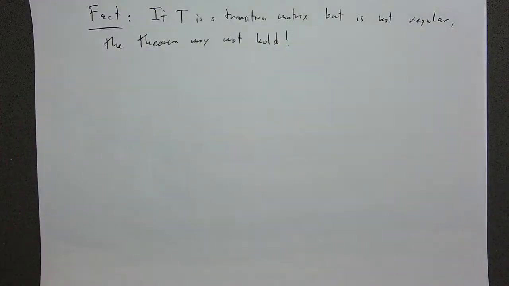Remember, the theorem states that T has 1 as an eigenvalue. There's no reason why a random matrix is going to have 1 as an eigenvalue. But you might say, well, T is not exactly a random matrix. It's a transition matrix, so it's not just any old matrix. It at least has some restrictions.